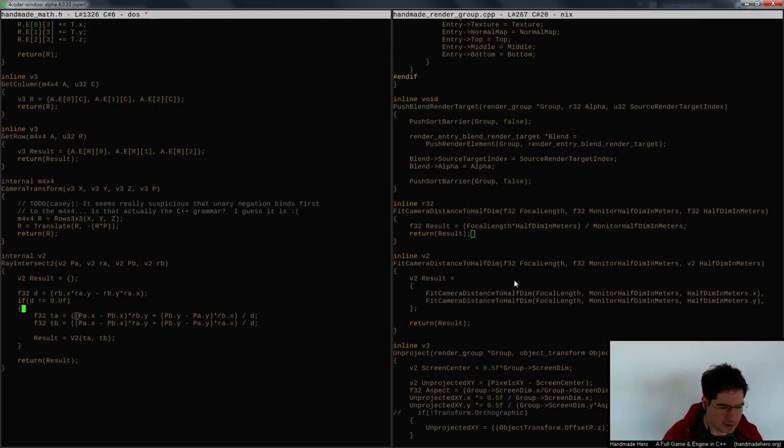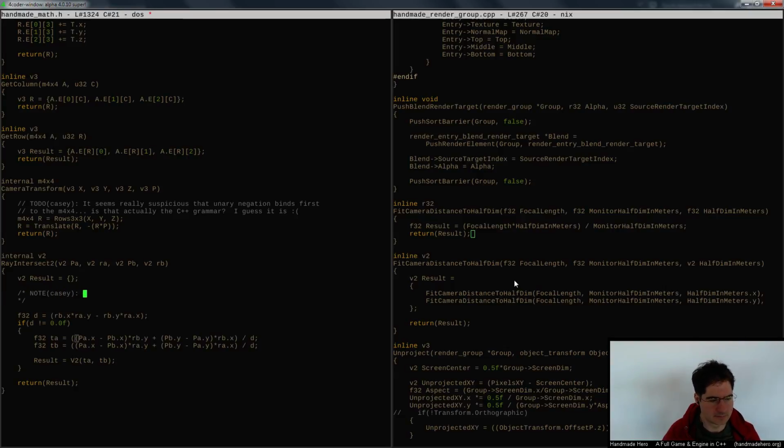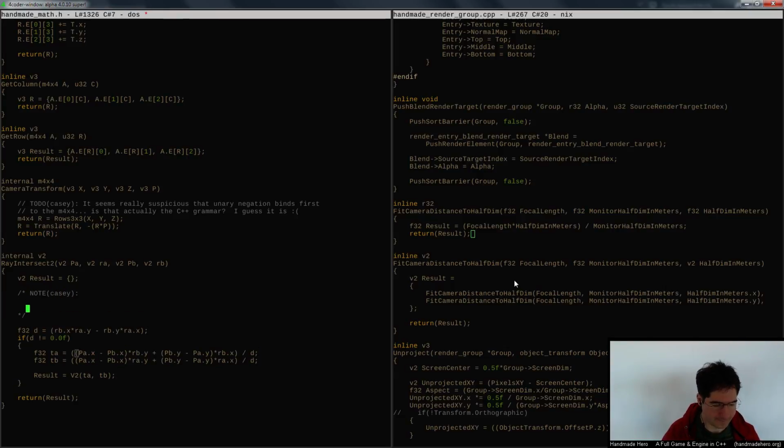Can we show again the equation? Yes. So the equation is, in these terms, that we want PAX plus TA times RAX to equal PBX plus TB times RBX.